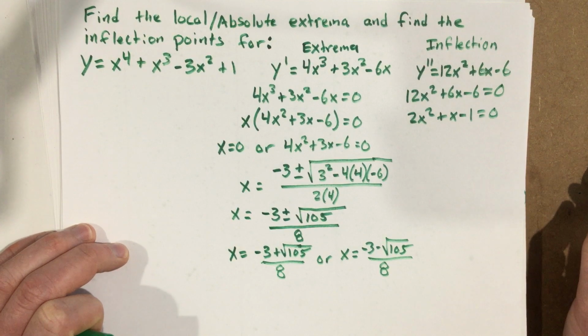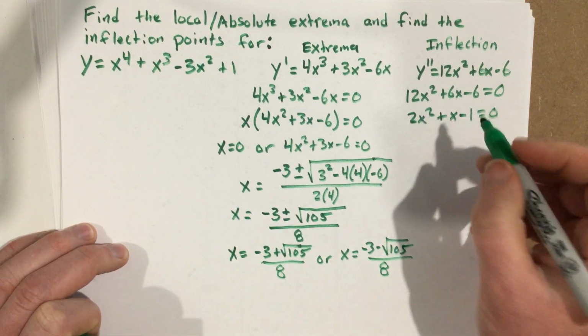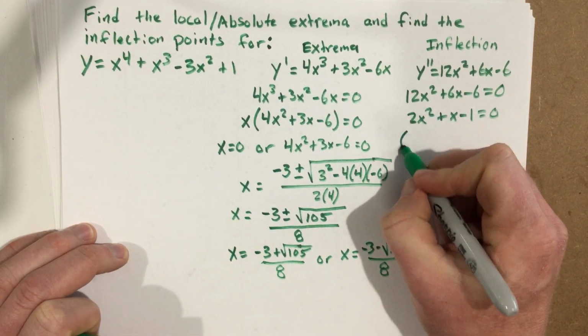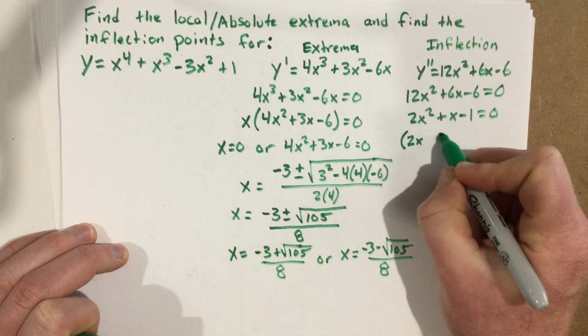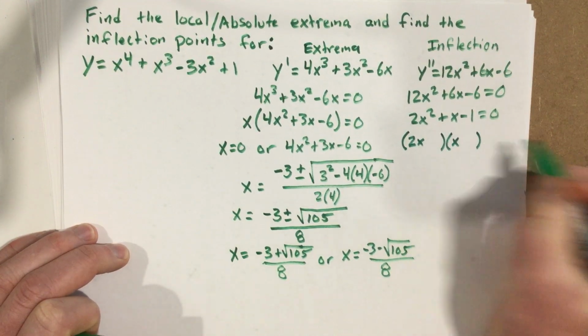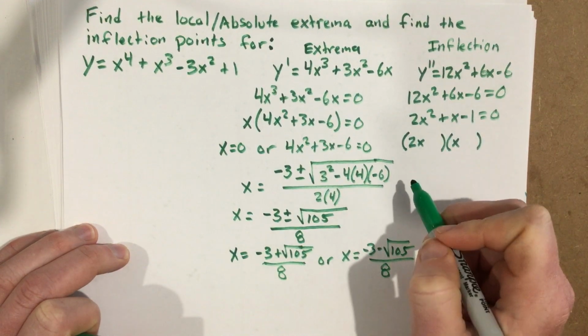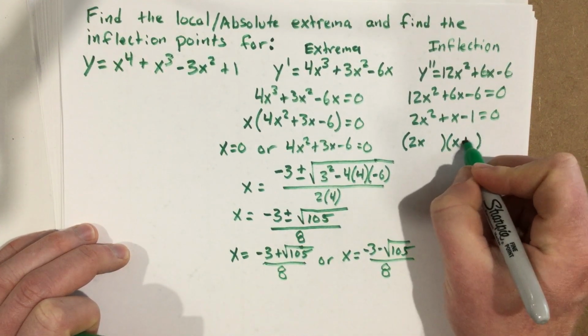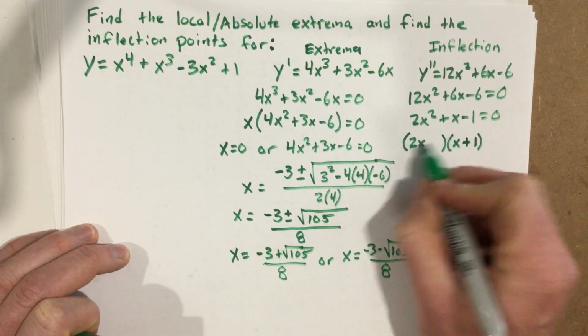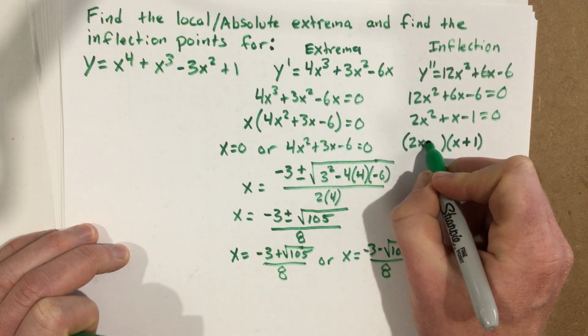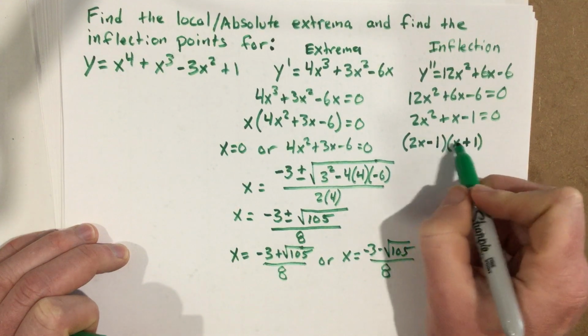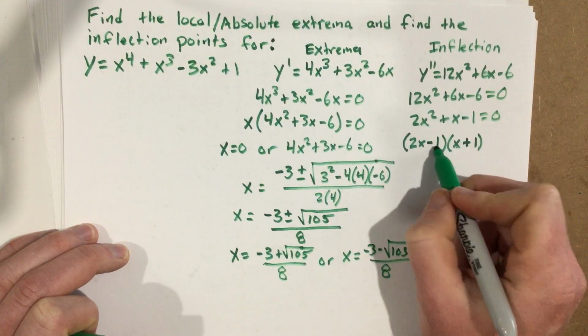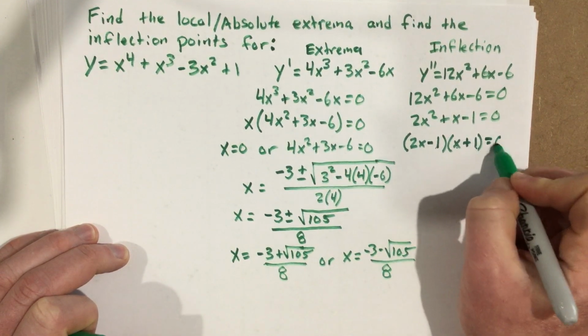And now we can maybe factor this. Let's see. If I try to factor it, I get 2x here and x here. I've got to split this 1 up. Well, if I put a positive 1 here, I'll get 2x times 1, that's the positive 2x. If I put a -1 here, that'll be the -1x, and that'll give me my middle term, and then this gives me -1, so this must be the right factoring.